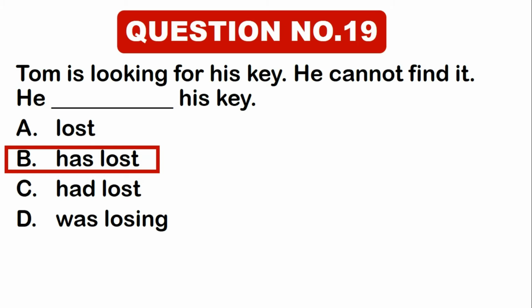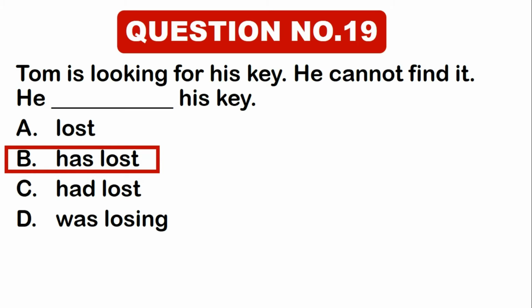The situation here requires the present perfect tense, the structure of which is has or have plus PP, or past participle. So has lost, has done, has played, has read. When you say present perfect tense, the action in the past has a connection with now.